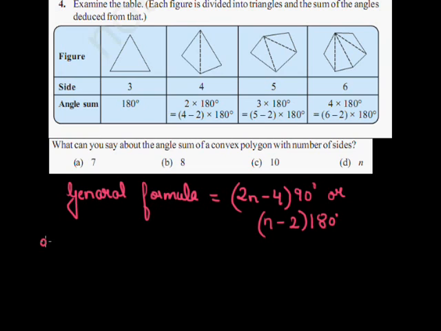Now if n is equal to 7 in the first case, so the angle sum of a convex polygon having 7 sides, I can calculate it as (7 minus 2) into 180 degrees, that is equal to 5 into 180 degrees, that is equal to 900 degrees.